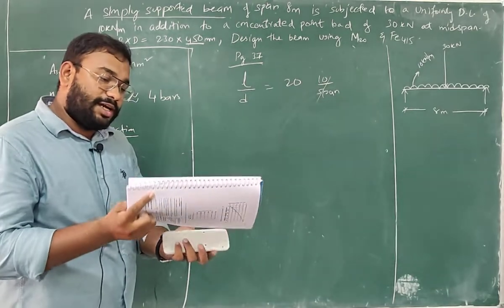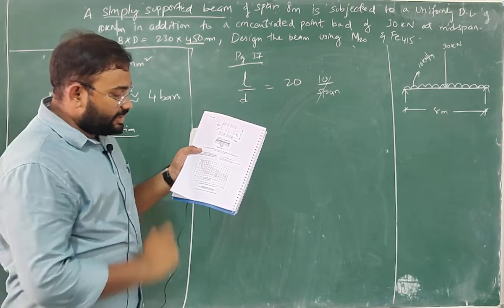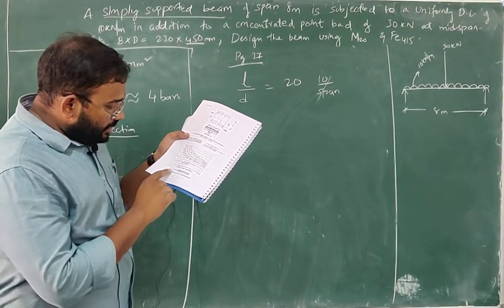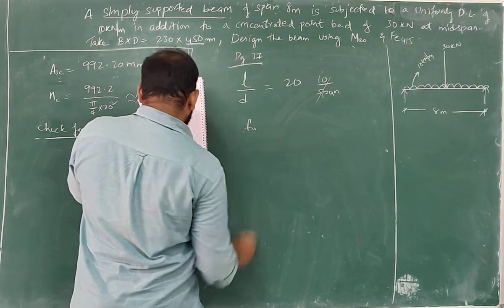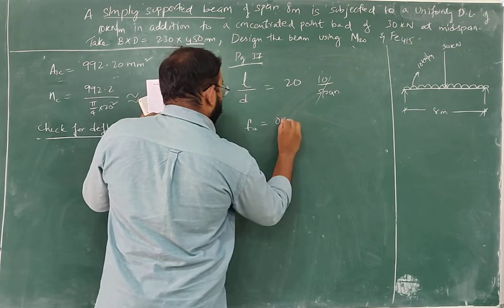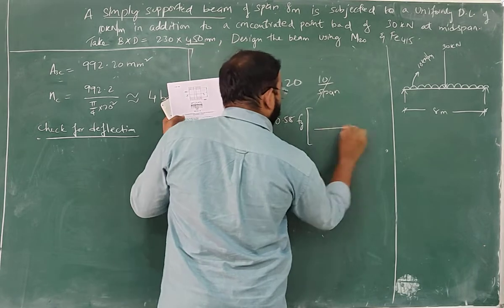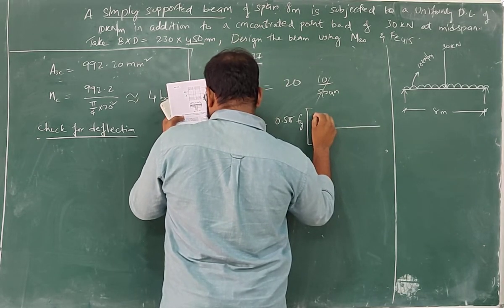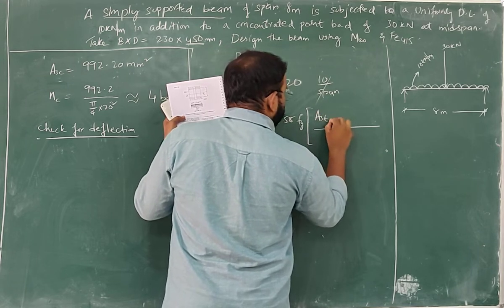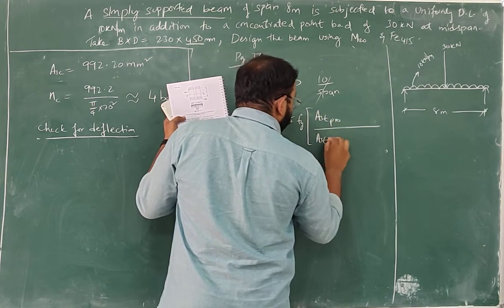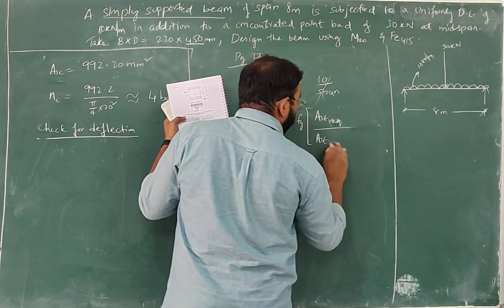Modification factor for tension reinforcement is given in terms of Fs, which is equal to 0.58 into Fy multiplied by area of cross section of steel required by provided, so AST required by AST provided.